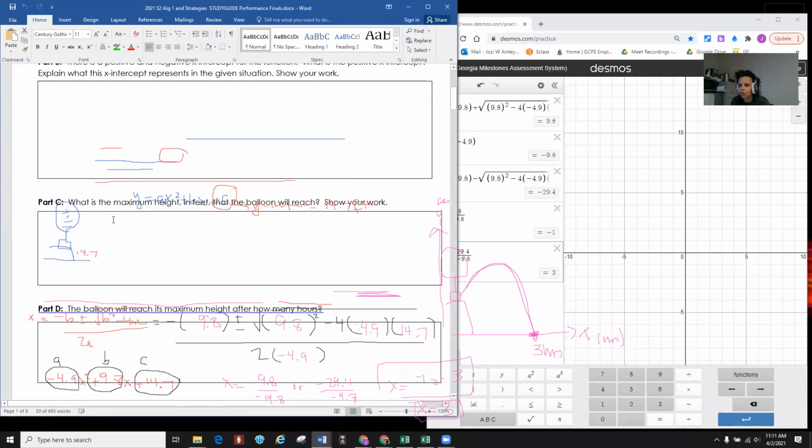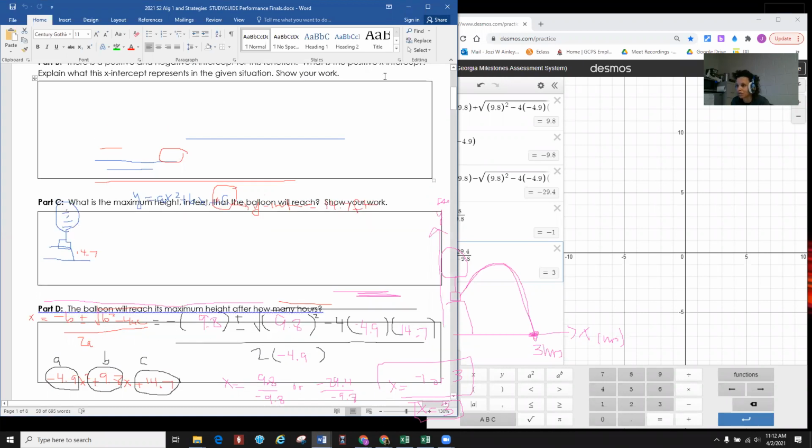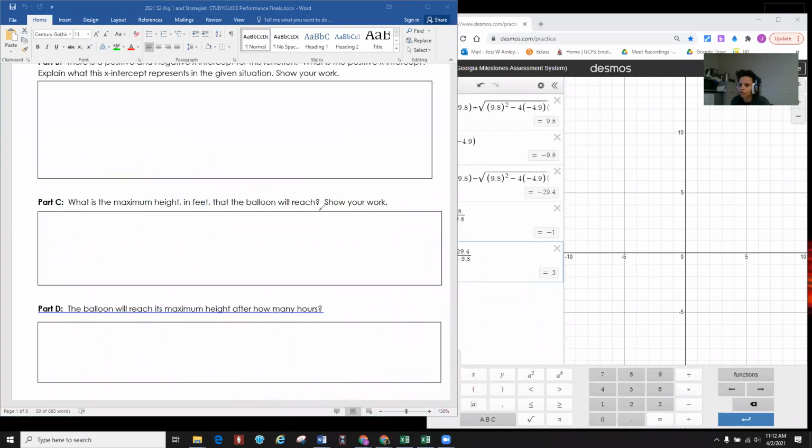Part C, what is the maximum height in feet? Okay, so what is the maximum height that it reaches? What is it up here? Show your work. All right, so maximum height is going to be minus b over 2a.